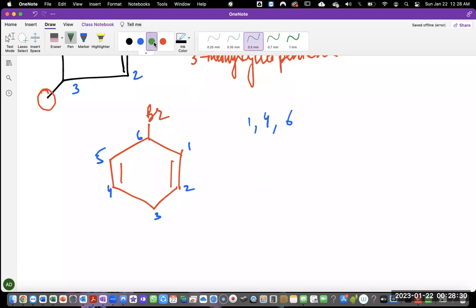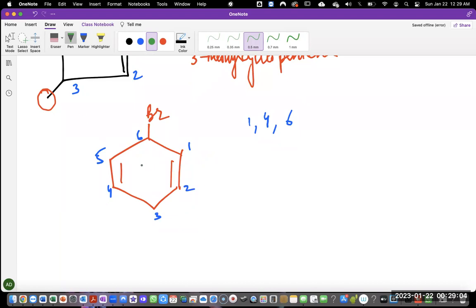If I start from here, 1, 2, 3, you see what is wrong? When I say 1, 2, 3, I'm not including the double bond in the numbering. So if I say 1 and 2, then the double bond has been left behind. So you don't want to go that way, okay?